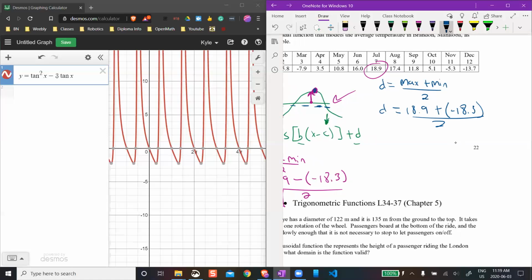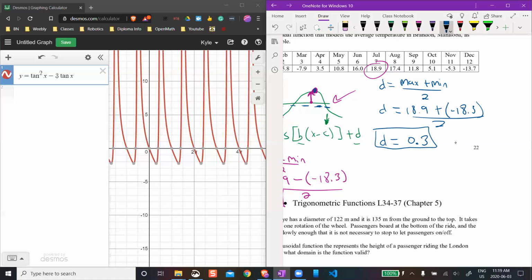If you do that, you end up with D equal to 0.3 degrees Celsius. So it's just a little bit above 0, is where my midline is. We're getting there. I'm going to put a box around that.